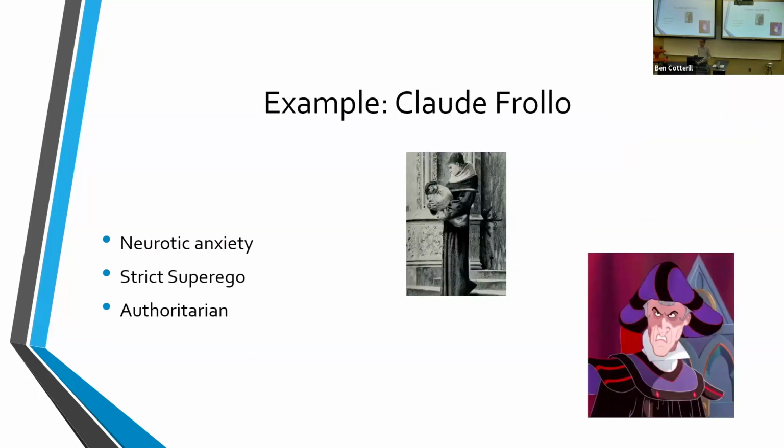I think a very clear example of an authoritarian personality, in terms of what Erich Fromm was talking about, is Claude Frollo from The Hunchback of Notre Dame. He has an incredibly strong superego. He thinks that any degree of lust is completely morally wrong. But he also has an id that is prone to desire and that he can't control on his own.